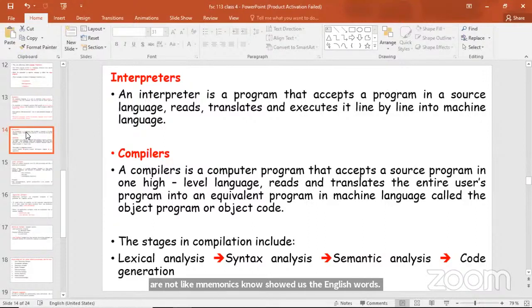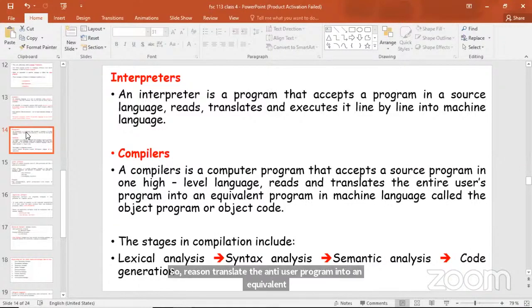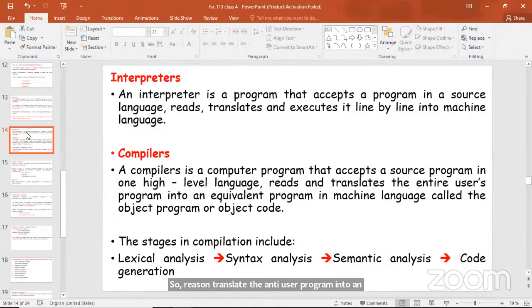It reads and translates the entire user program into an equivalent program in machine language called the object program or object code. The stages involved in compiling are lexical analysis, syntax analysis, semantic analysis, and code generation.